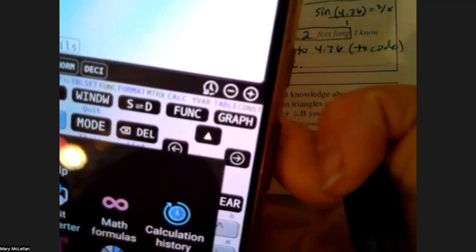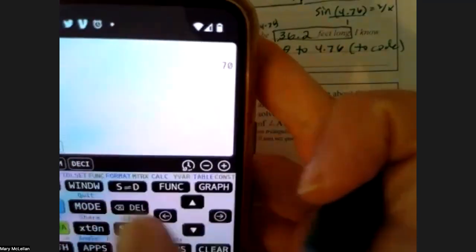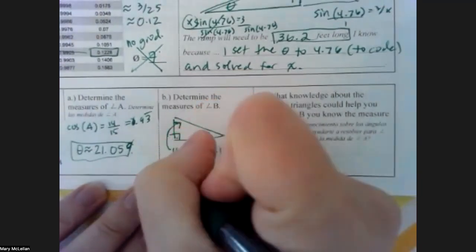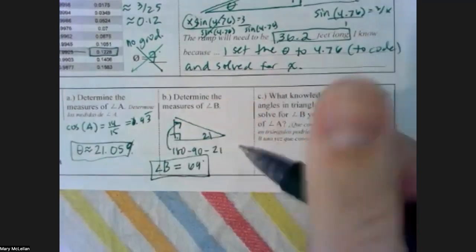I'm going to do it on the calculator. 90 minus 21 is 69. Angle B is about equal to 69 degrees.